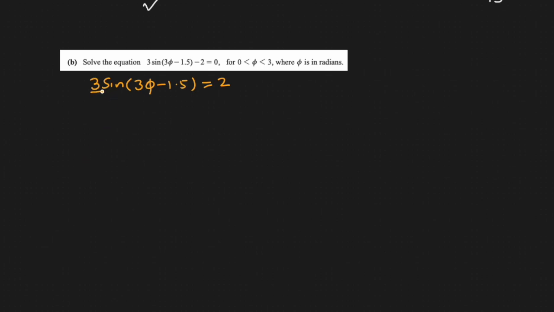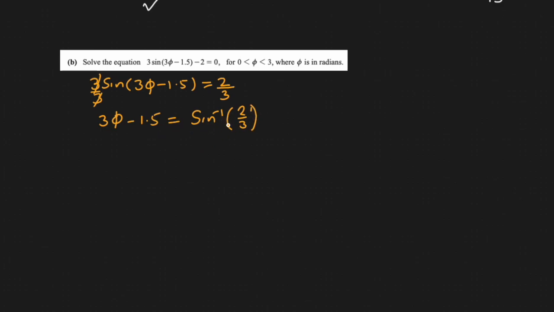Now this 3 should go, so I'll divide both sides by 3. Right? Now this sine must go. So 3 phi minus 1.5 equal to sine inverse 2 over 3.